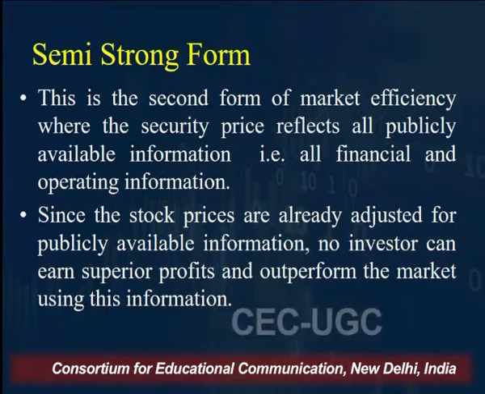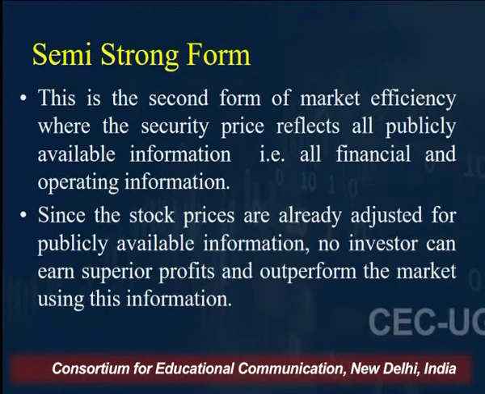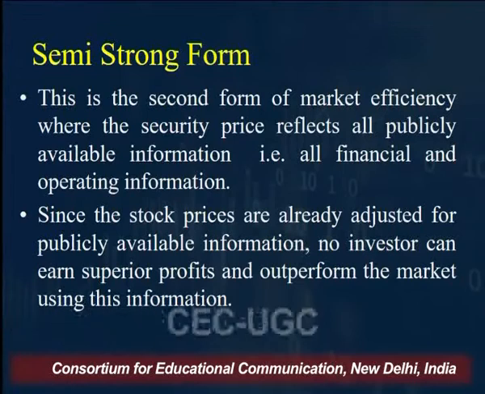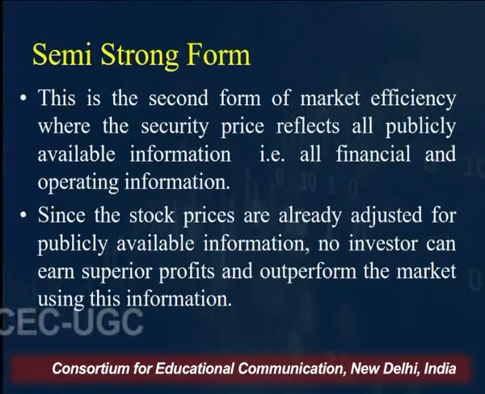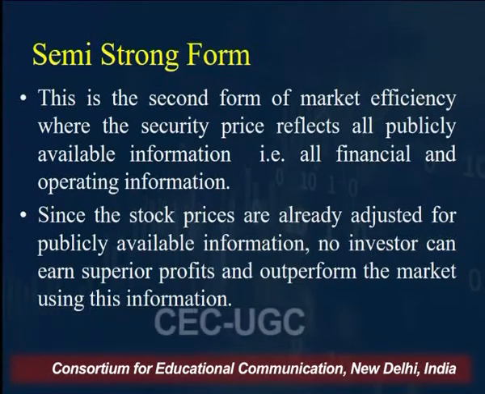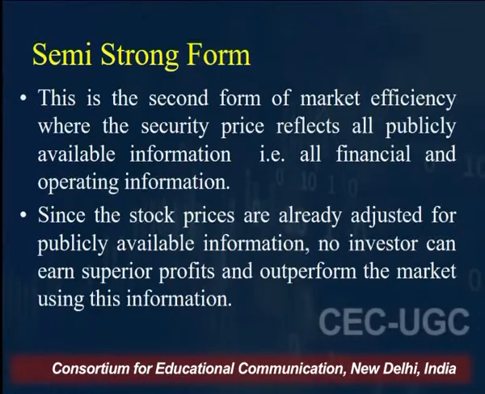Since the stock prices are already adjusted for publicly available information, no investor can earn superior profits and outperform the market using this information. In the weak form of market efficiency, I said, by analyzing the income statement, by analyzing the past balance sheet, you can make the investment and earn extra profit.